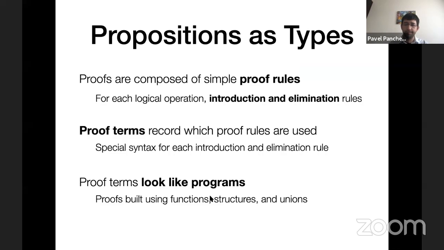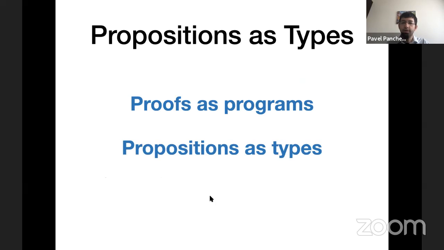So why is that? Well, this philosophy basically says it's because deep down, these are the same thing. Proofs are programs, propositions are types for those programs. Or alternatively, a proposition is like the type whose values are all of the proofs of that proposition.